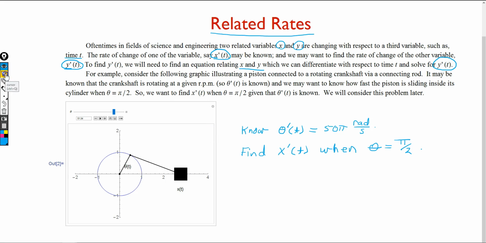For example, as you'll see in this little graphic here, you may know, see the theta is turning, so we may know how fast theta is changing, and then we want to find how fast this piston is sliding up and down when theta is pi over 2, for example, like when theta is right about there.